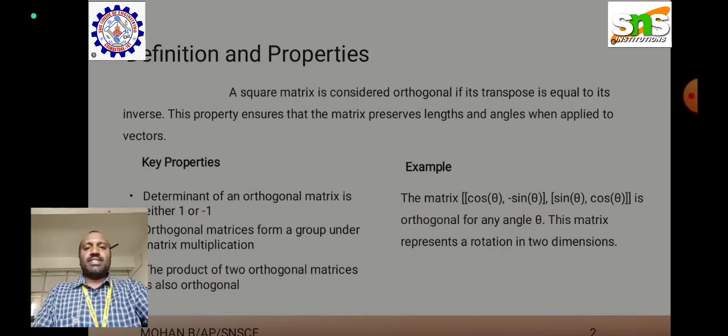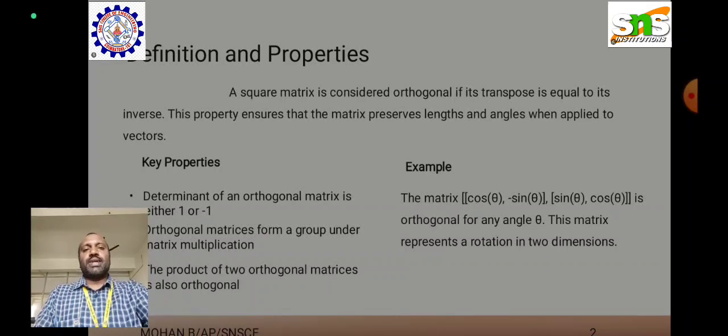Basically this is possible only for square matrices. This property ensures that the matrix preserves length and angle when applied to vectors. That is the key property.